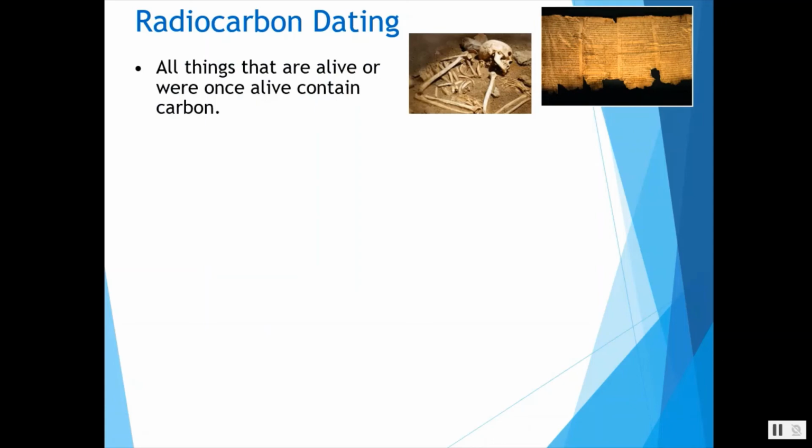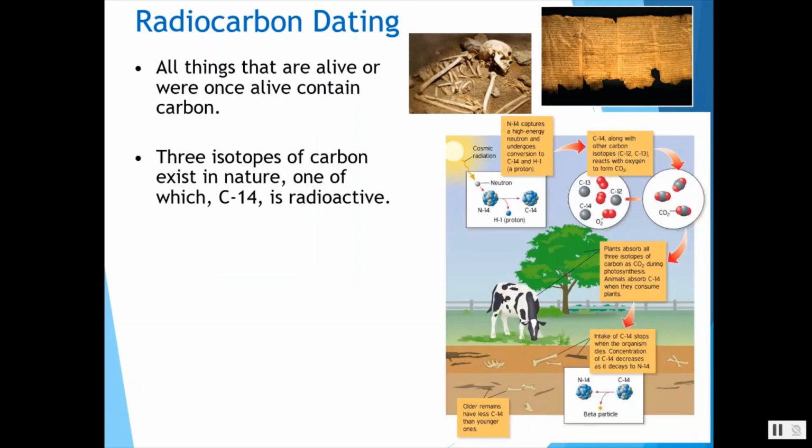So everything on Earth contains some amount of carbon, and that carbon can exist in different isotopes, one of those isotopes being C14. C14 can be generated through reaction with nitrogen 14, which will release a proton to give us that carbon 14. It's a very, very small fraction of the total carbon.